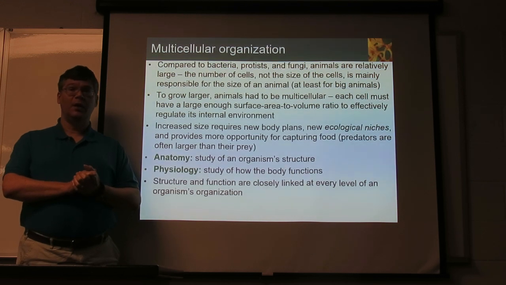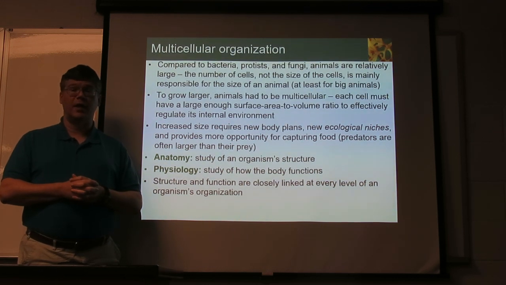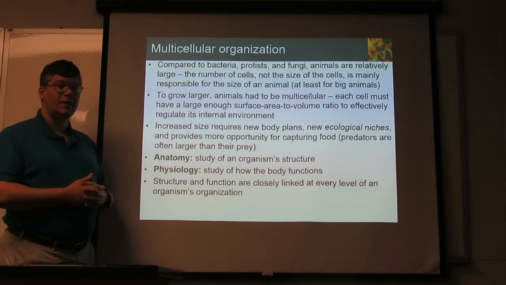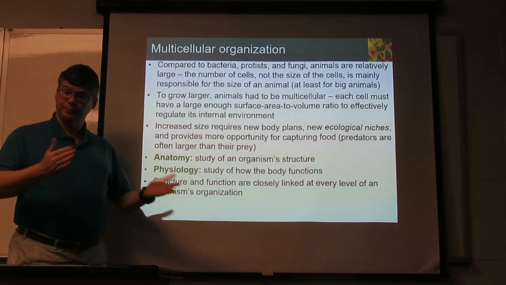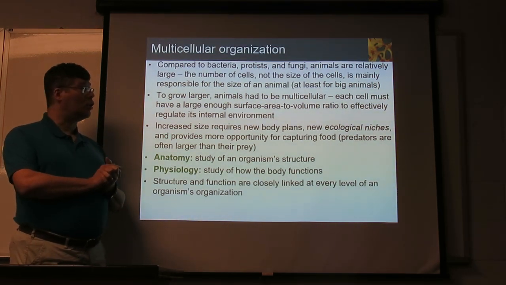Again, if a single cell gets too big, it's not going to be able to get enough of the nutrients, oxygen, things like that it needs in, and waste out. So you can't just have one gigantic cell, you need to have many cells working together to have a large organism.